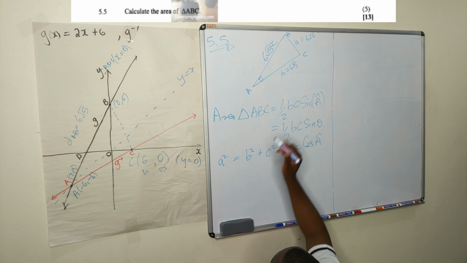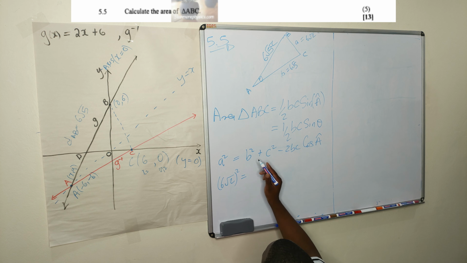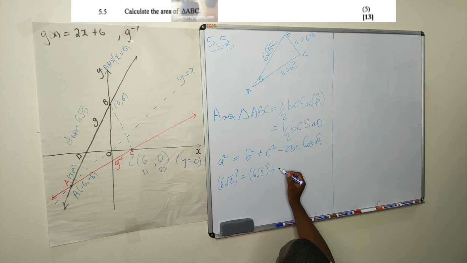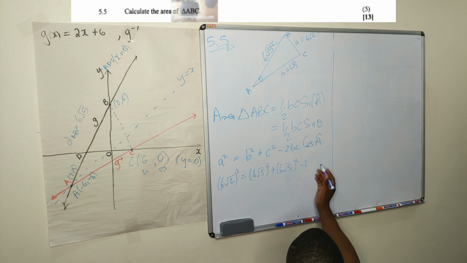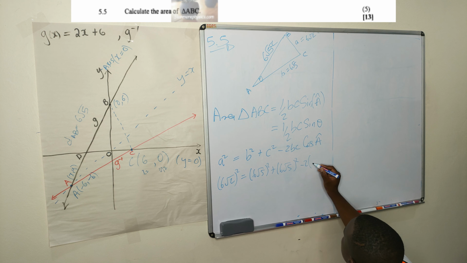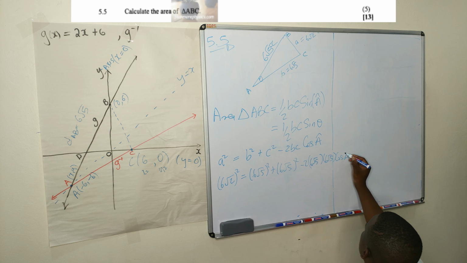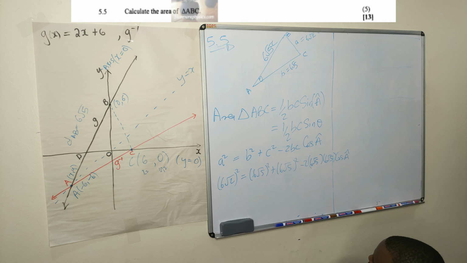So we have A, 6 root 2 all squared, equal to B squared, which is 6 root 5, plus C squared, which is also 6 root 5, minus 2 times B, which is 6 root 5, times 6 root 5, cos A, right?